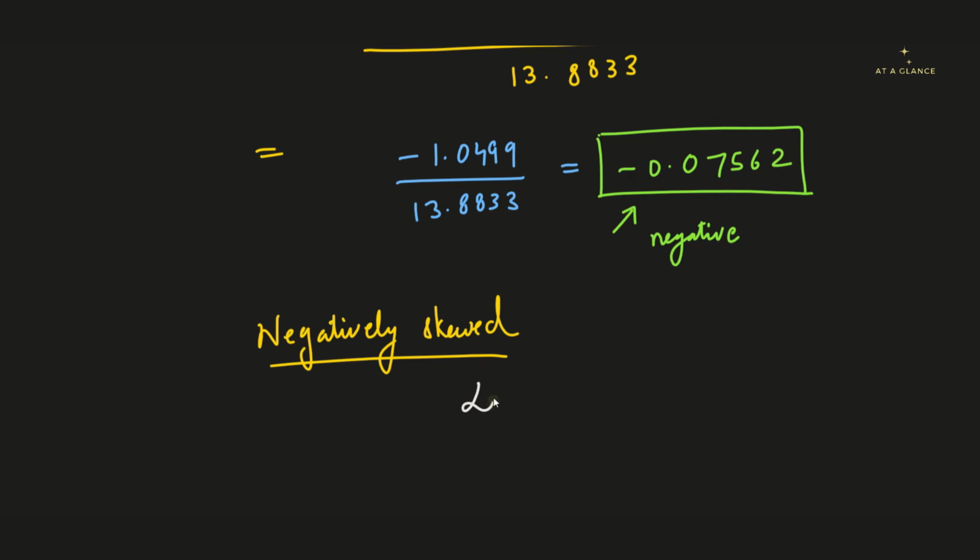A negatively skewed distribution is also termed as a left skewed distribution. So, the given data is left skewed or negatively skewed. If you get the final answer as positive, then it is positively skewed or right skewed. But in our case, we got it negative. So it is negatively skewed or left skewed. So this is your final answer.